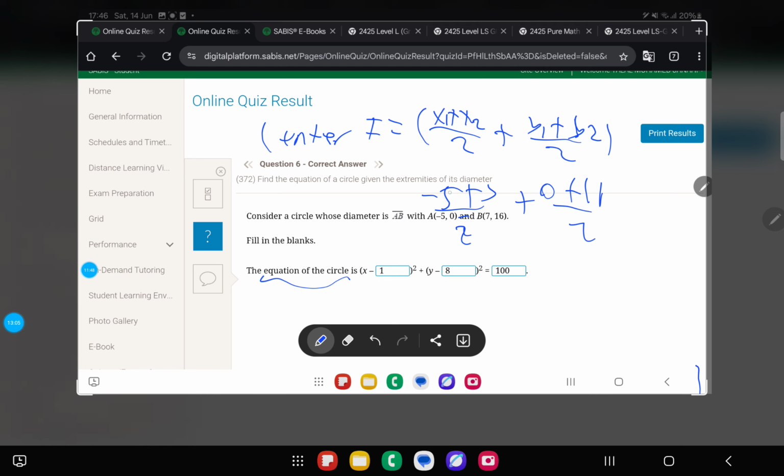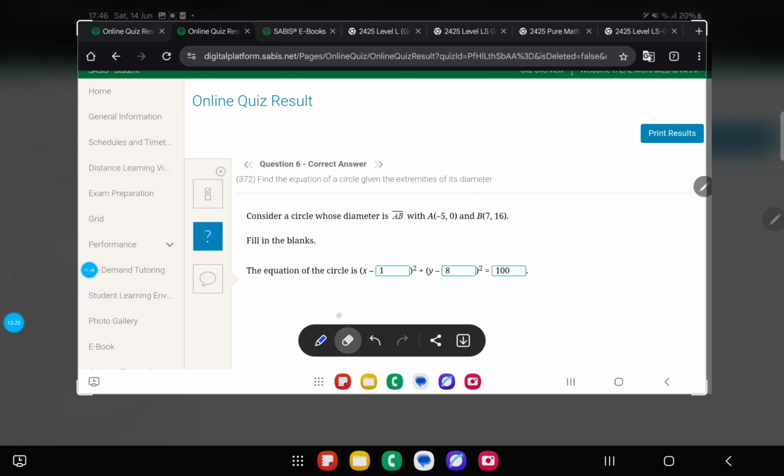Now 7 plus negative 5 is 2. 2 over 2 is 1. So the x of the center is 1. 0 plus 16 is 16. 16 divided by 2 is 8. So you got 1, 8 at the center. We found 1, 8.